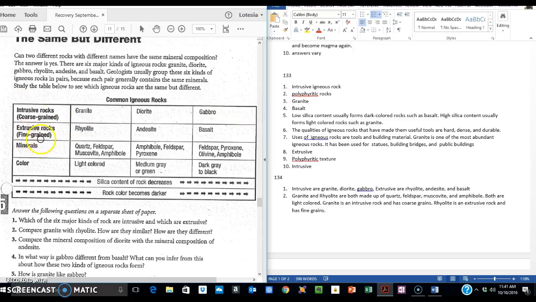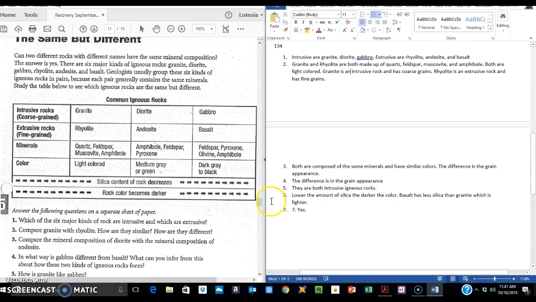Extrusive rocks have fine grains, and those 3 types are here. Based on each one of the columns, you'll see that those 2 rocks have the same mineral composition, and the coloring is going to be the same. The main difference between the 2 is that they're either intrusive or extrusive. All right, so let me pull this sheet up so you're able to see those answers as well.